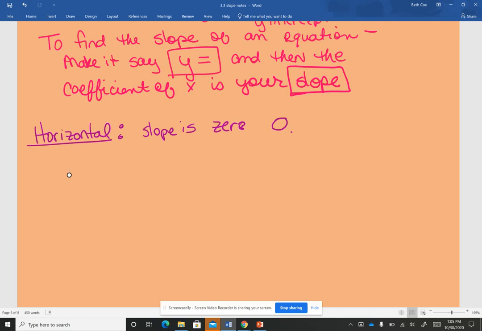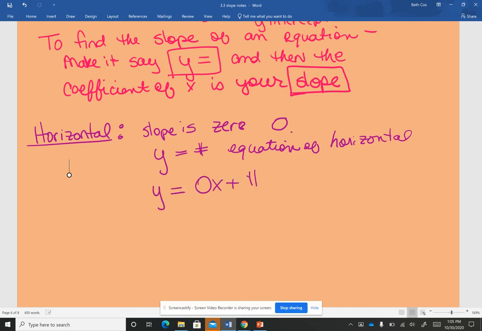The very first page we talked about, we said y equals a number is an equation for horizontal. Well, that fits the rule because it's y equals 0x plus a number. So there's your number. And there is no x. There is no x, the slope is 0.